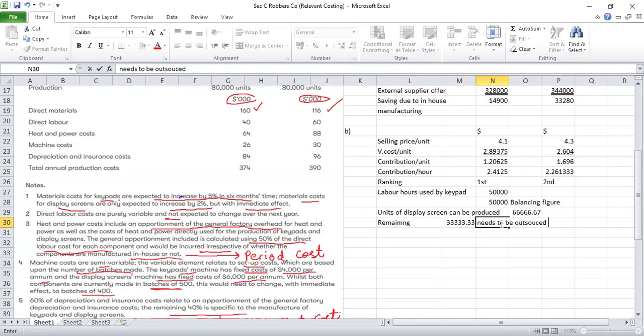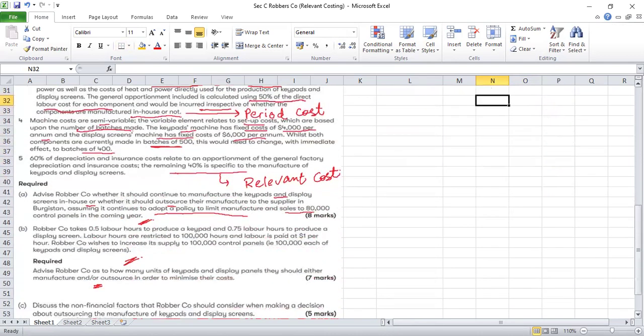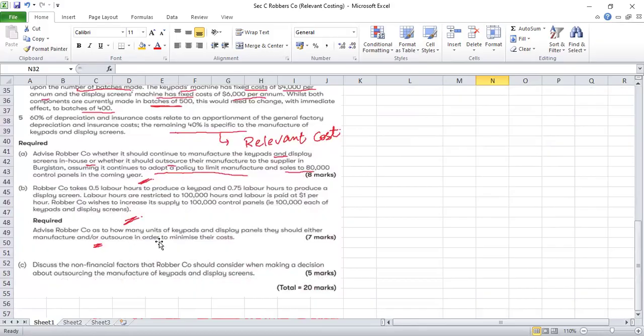So we will outsource only display screens, and we have to outsource 33,334 display screens. So this is the requirement of part B. Any question? Advise how many units they should manufacture. We are done with this calculation.